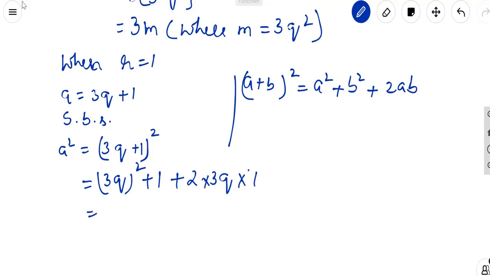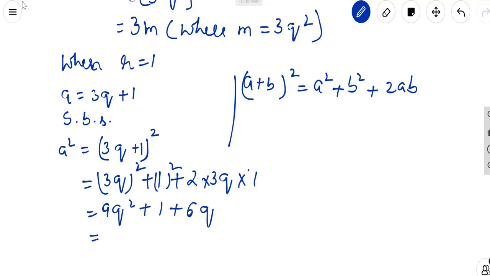So I'll rewrite this equation. 3 into 3, it is nothing but 3 square into 3 square, so 3 3s are 9. Okay, q into q is q square. So plus 1, plus 2 3s are 6, q into 1 is q. So this is the equation.